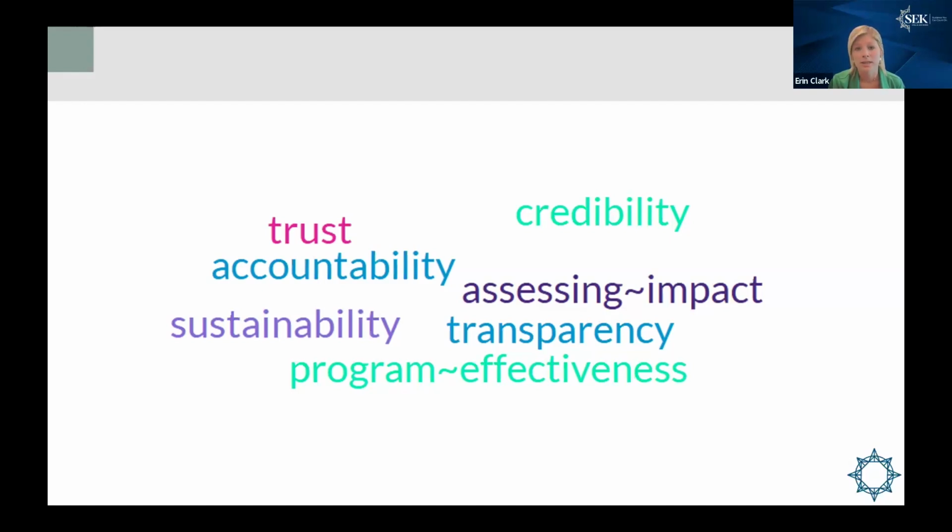And it also helps you assess program effectiveness. So I really can't speak enough to how impactful understanding how you are allocating your functional expenses is critical to the financial reporting, but also just the marketing of your overall organization.